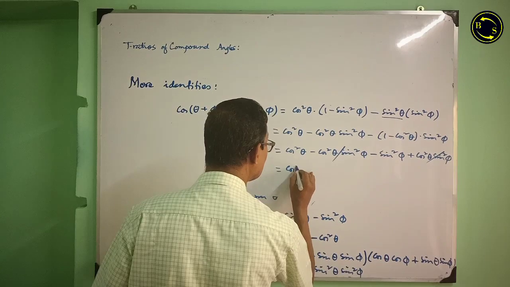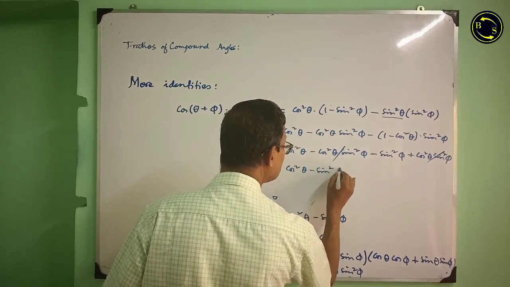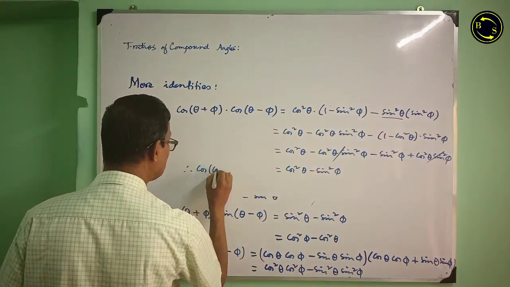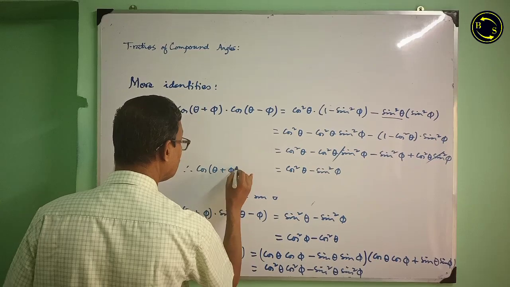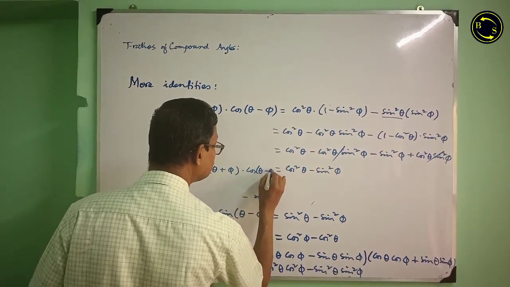Finally we get cos square theta minus sin square phi, that is cos of theta plus phi into cos of theta minus phi.